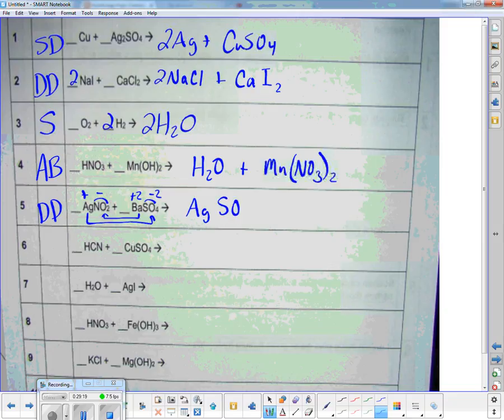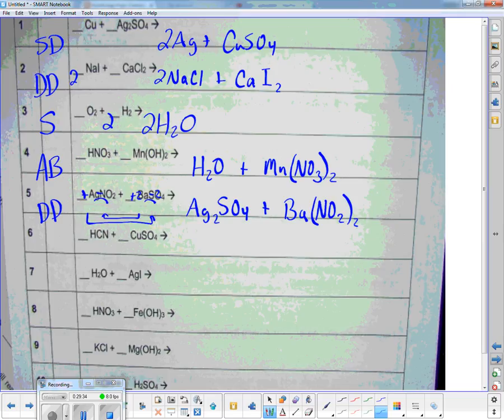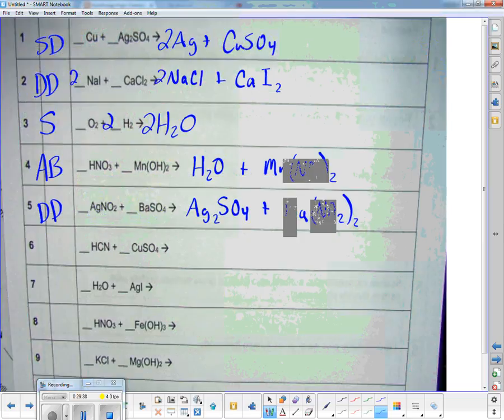Ag is a +1, SO4 is a -2, so I need 2 Ags. Plus the insides, barium is a +2, and nitrite is a -1, and I need 2 of them. Going back in, whoa, erasing. I can then see really quickly, what do I need to put a 2 in front of?